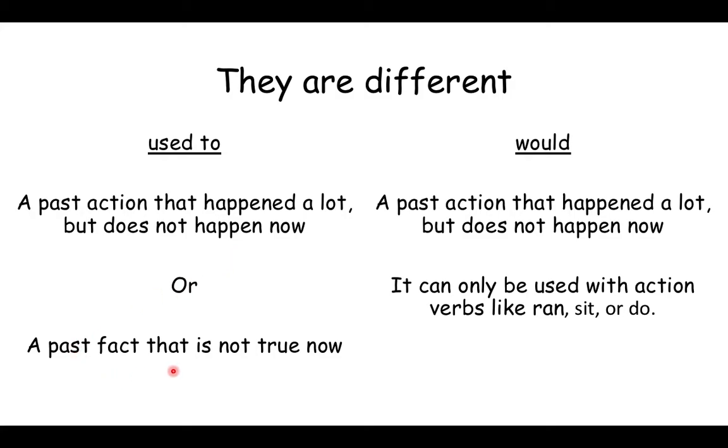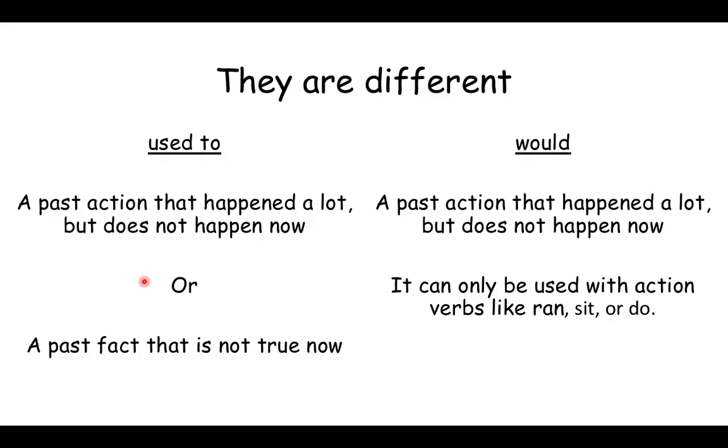Or a past fact that is not true now. That's another reason we use "used to," when we're talking about something that's a fact that was in the past that isn't true now. So for example, if you said, "I used to live in Mexico," it's telling us that that was a fact, but it isn't true now because you live in a different place.